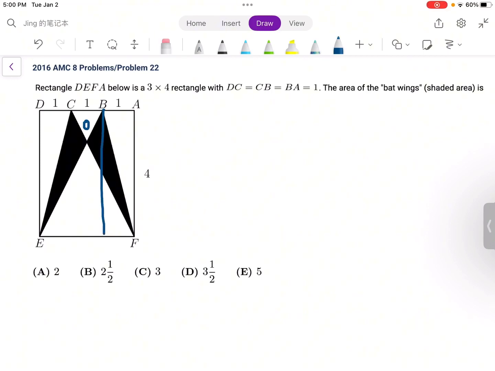It crosses EF at M. And we draw another line from the center of AF to BM, and this is vertical, and it crosses at N. Let's assume the center of AF is L, because AL equals LF, so AL equals 2, LF also equals 2. And BN also equals 2.